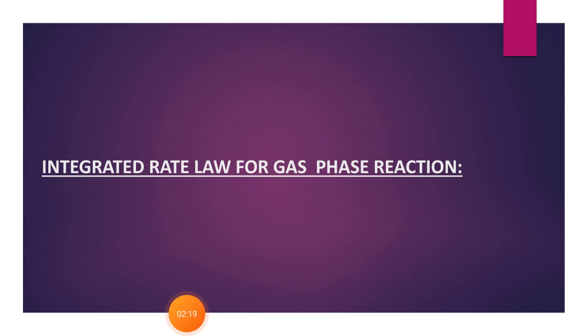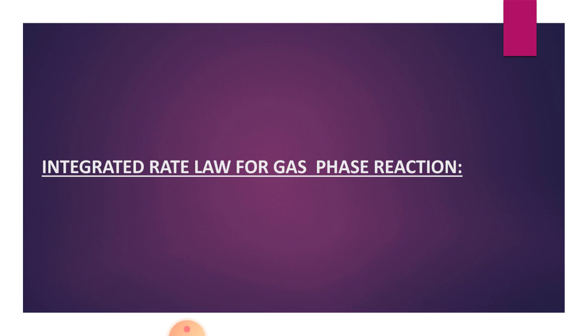Now we are moving forward towards the integrated rate law for gas phase reaction. As we know, reactions occur in various phases, either solid, liquid or gases. Now we are going to study the integrated rate law for which phase? For gas phase reaction.